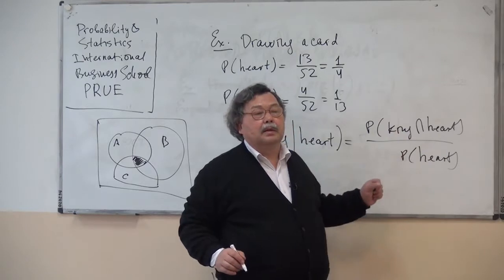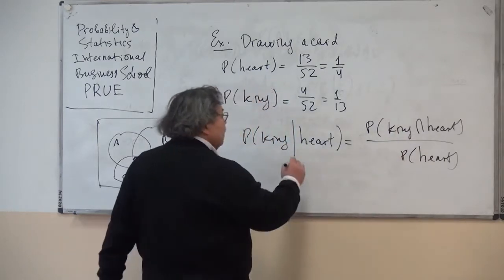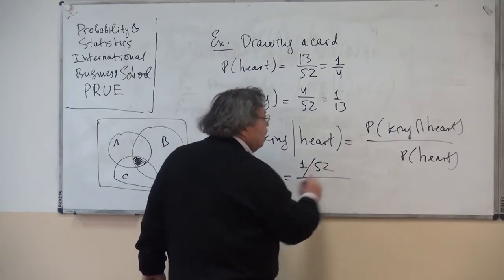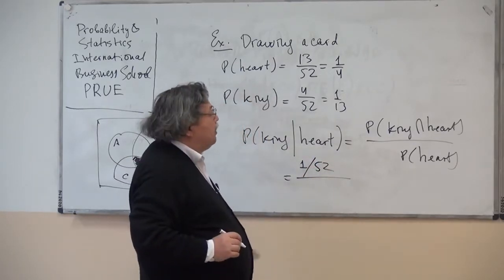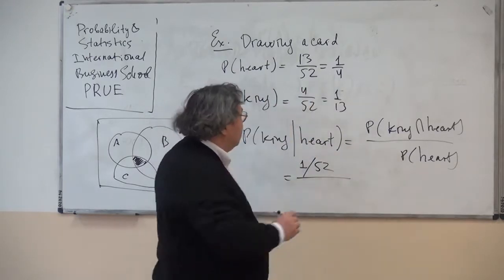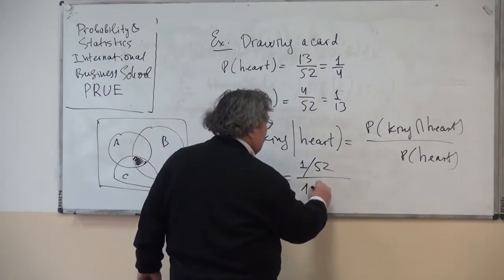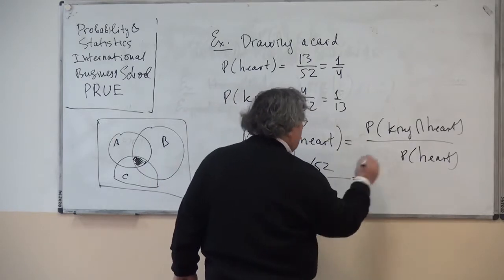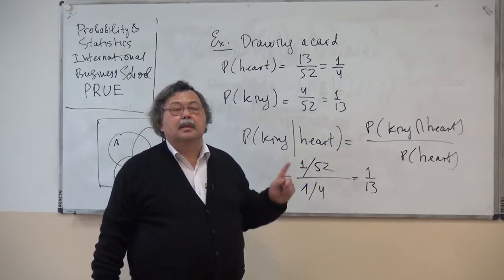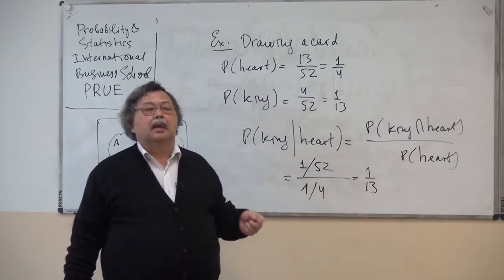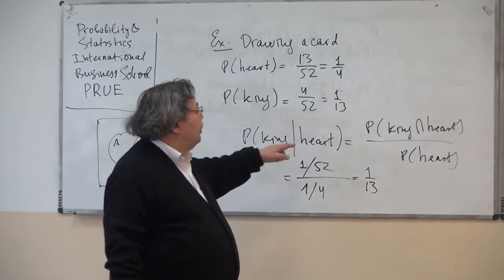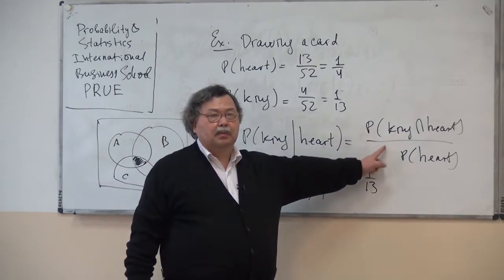It's the king of hearts, obviously. So the numerator here is 1/52. And it must be divided by the probability of a heart, which is this. And after some simplification, this is what we get. This is the conditional probability of getting a king given that it's a heart using the formula for conditional probability.